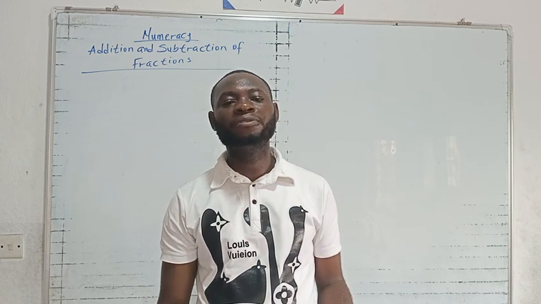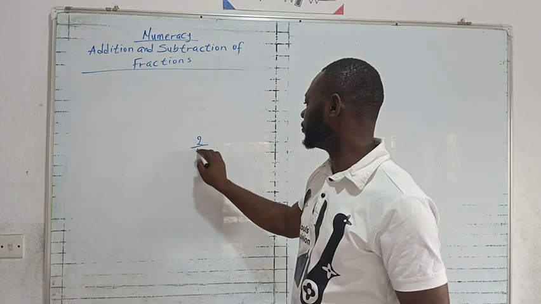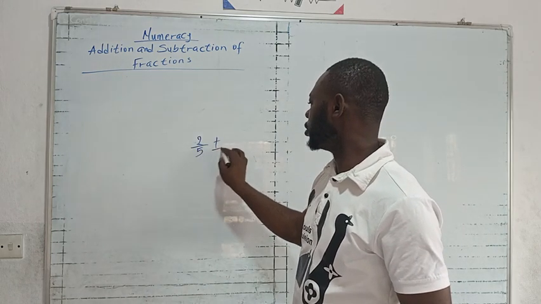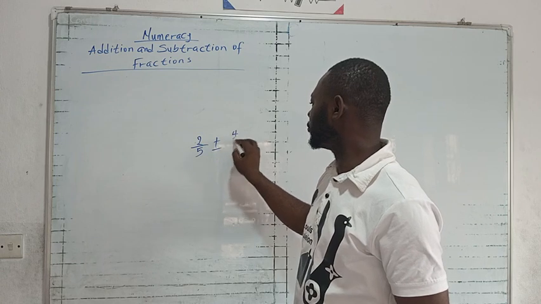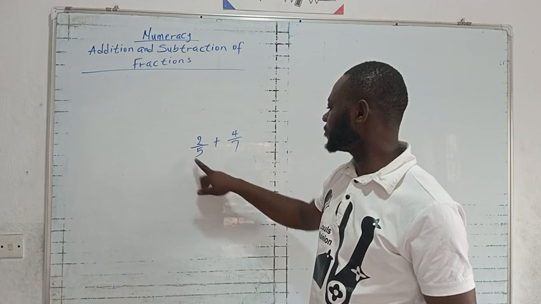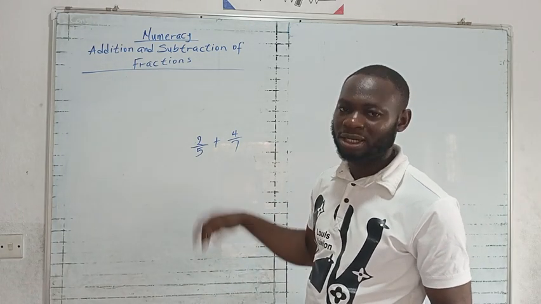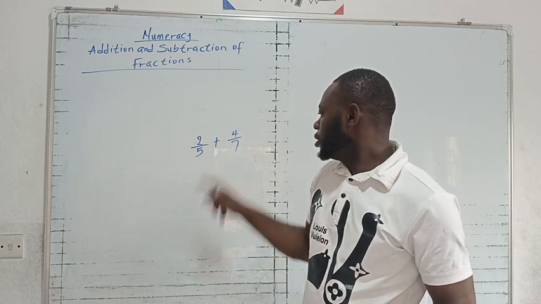But when we have unlike fractions, like 2 over 5 plus or minus 4 over 7, you notice that here the denominators are different, so the two fractions are not like fractions.